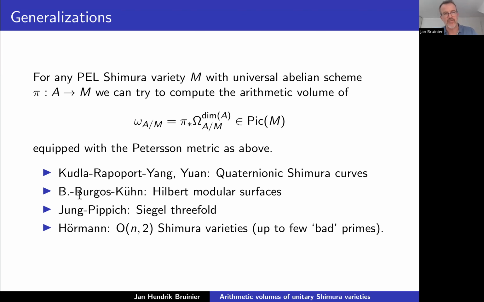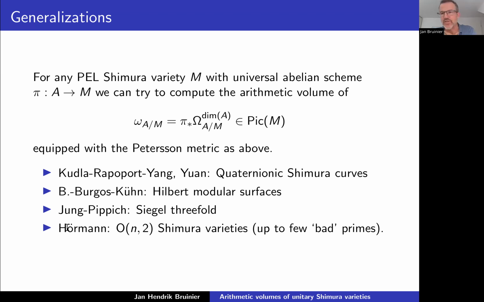There's work of José Burgos and Ulf Kühn and myself, where we looked at the case of Hilbert modular surfaces. Barbara Jung and Anna von Pippich looked at the Siegel threefold. And there's work of Fritz Hörmann, who looked at O(n,2), so Shimura varieties associated to orthogonal groups.